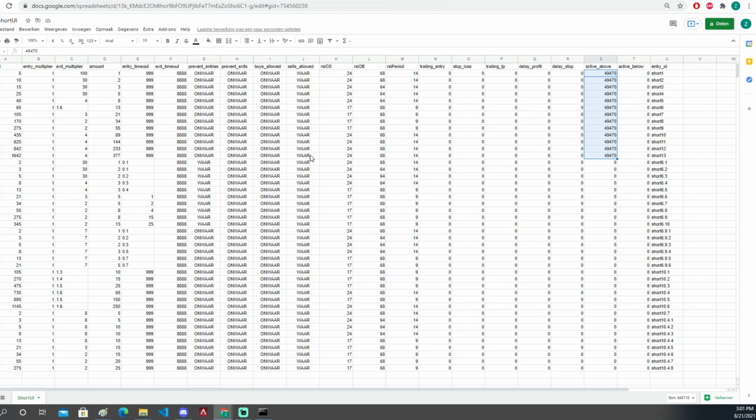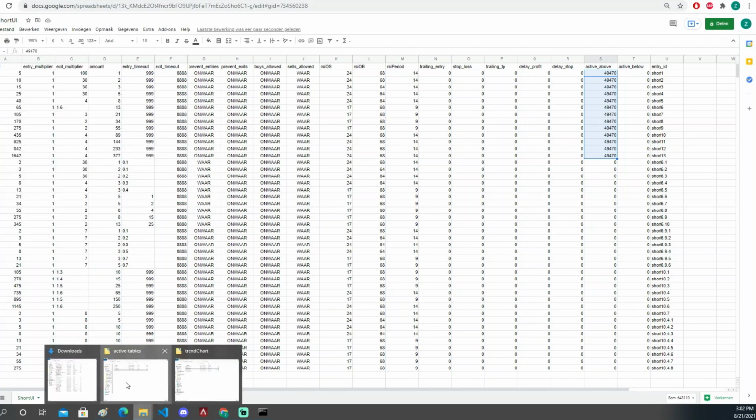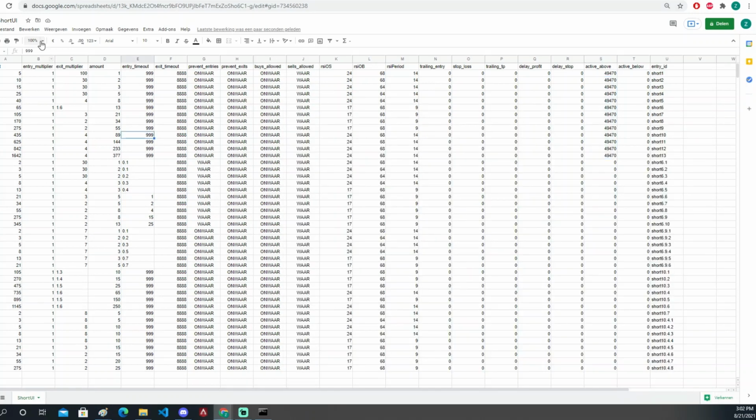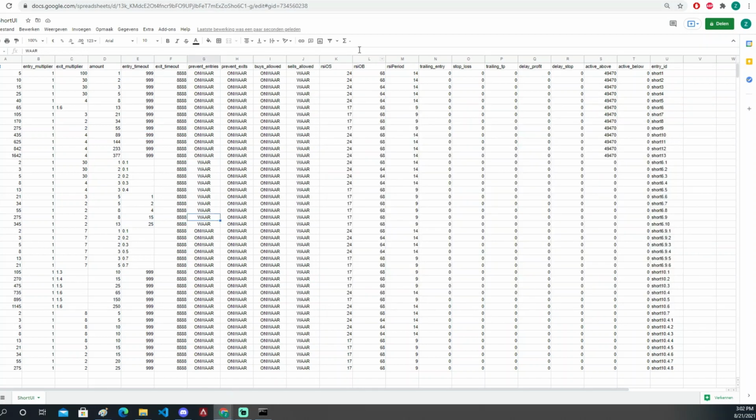Right, so I've set my levels for the shorts, and the next thing is that you download these as CSVs and put them in your active table folder. So you replace the ones that are in there right now, which are these guys. So let's do that right away. I will be running the bot from a different computer, so I won't be starting it right now, but I will start it right after this video.